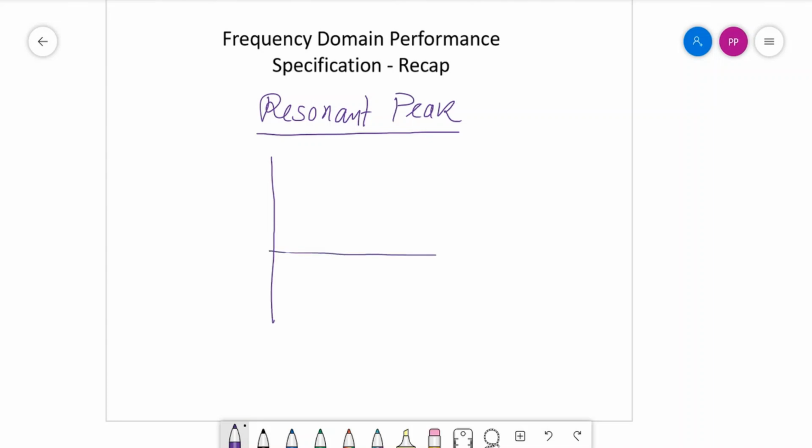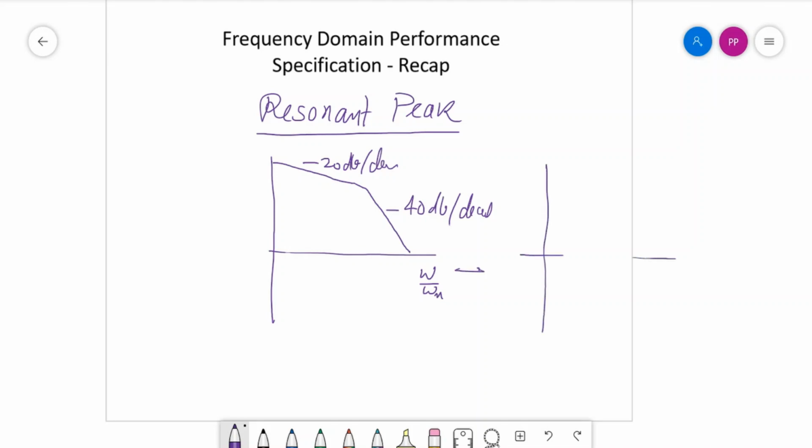We can have a slope after some time like this. This can be a slope of minus 20 decibels per decade. Then this can be a slope of minus 40 decibels per decade. Here the axis is omega, or omega by omega n.